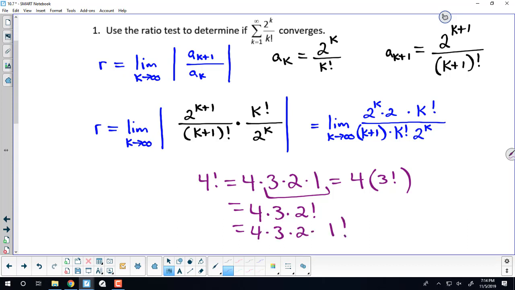So every time we subtract 1 from that quantity, it's multiplied by a factorial. Does that make sense? k plus 1 factorial is really k plus 1 times k factorial. So that's always the trick to simplify those factorials.